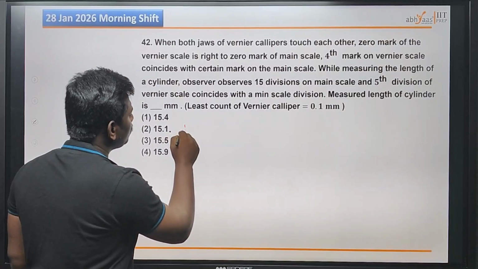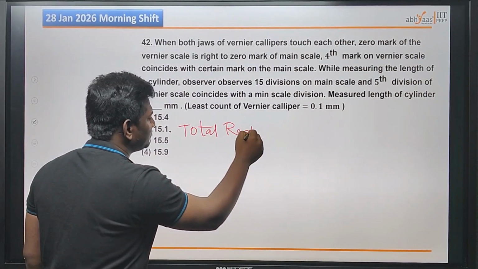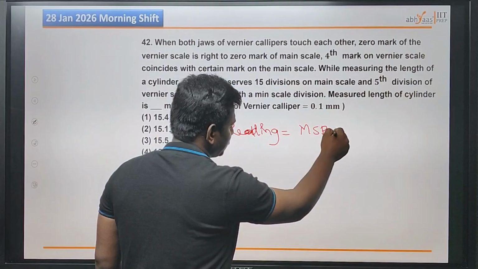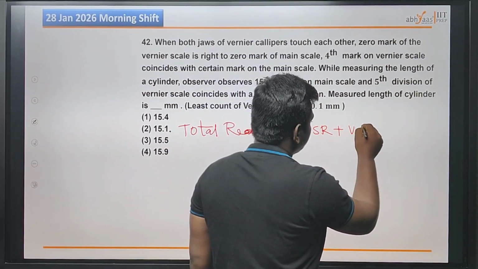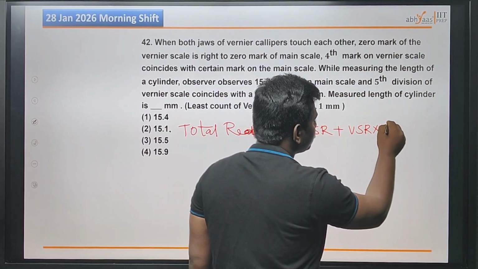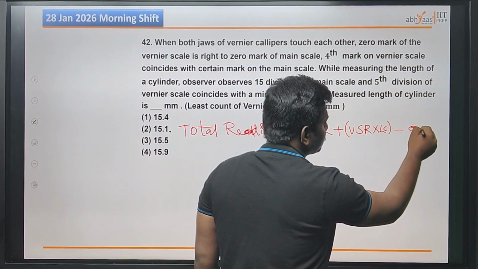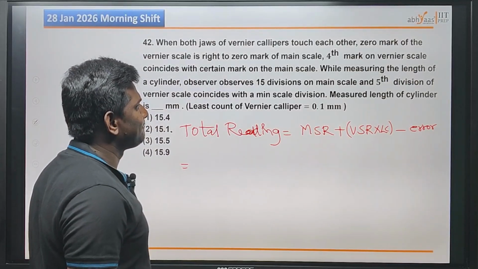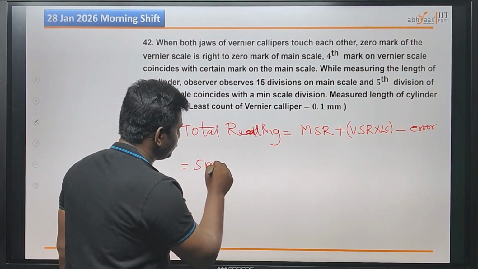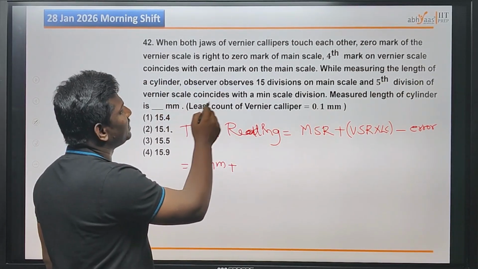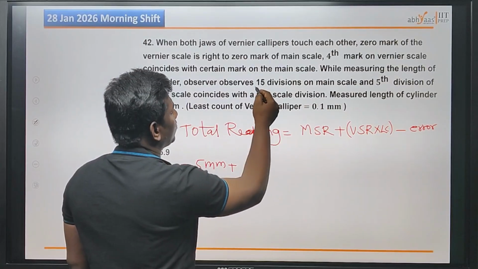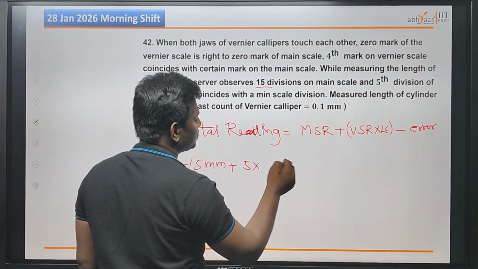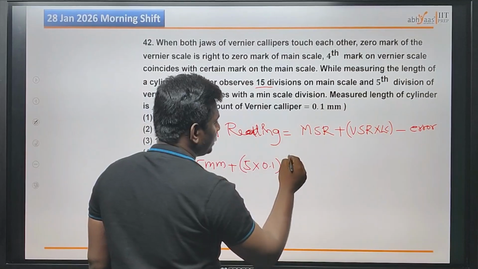So total reading can be written as MSR plus VSR, vernier scale reading into least count, minus error. I am writing from here. What is main scale reading? That is 15 millimeters, plus vernier scale reading, that is 5 into least count 0.1, minus error.